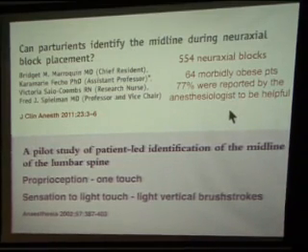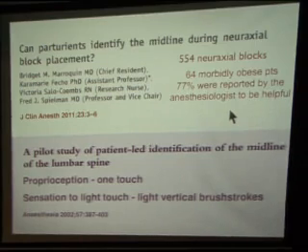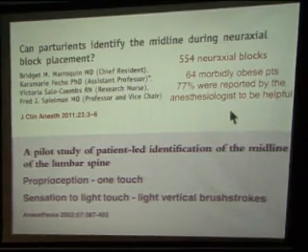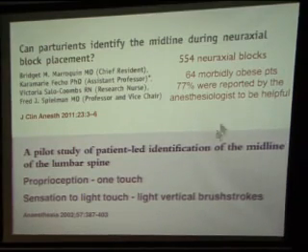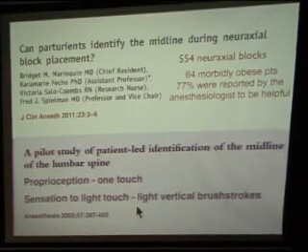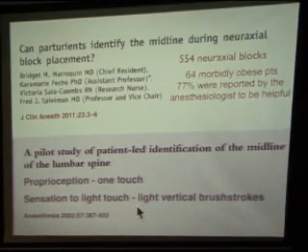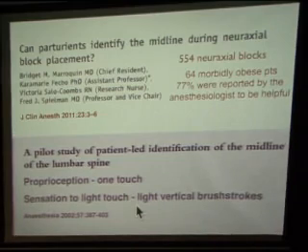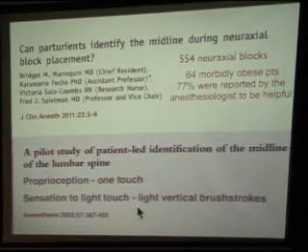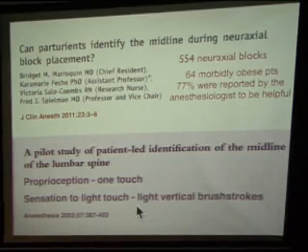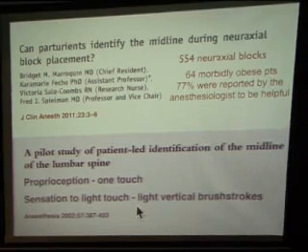And in fact, the anesthesiologists found that whatever the patients showed them was actually quite reliable and helped them locate the midline. Another way they looked at it is that the anesthesiologists use the thumb or something light to stroke across the back and tell the patient to say stop when they think that's the midline. Again, that seems to be working in some of those patients.